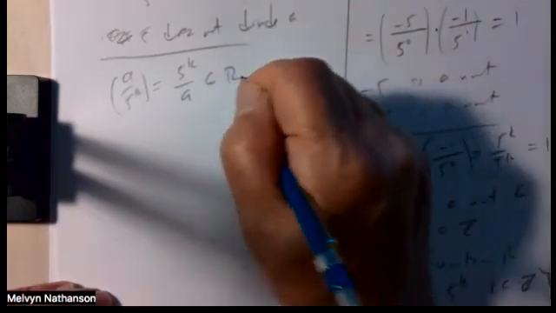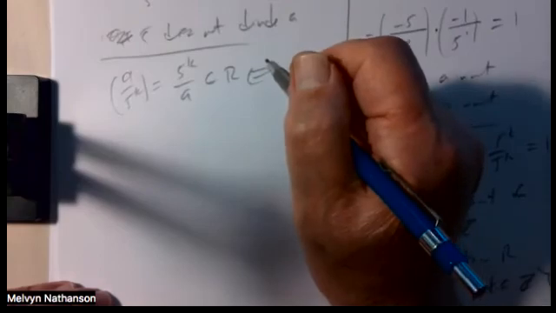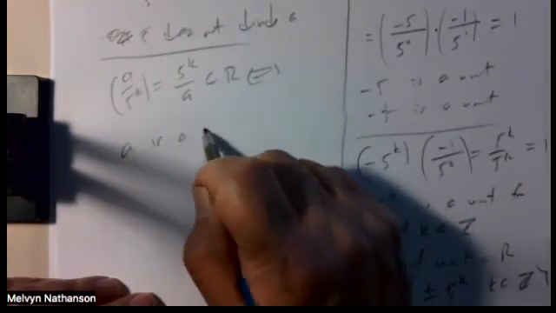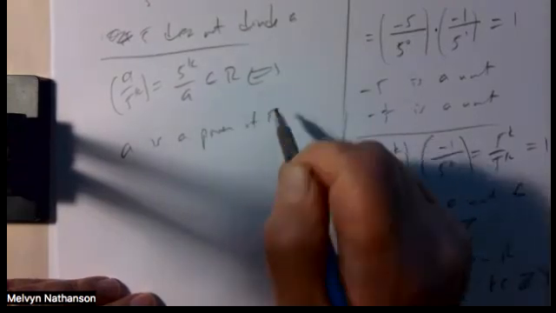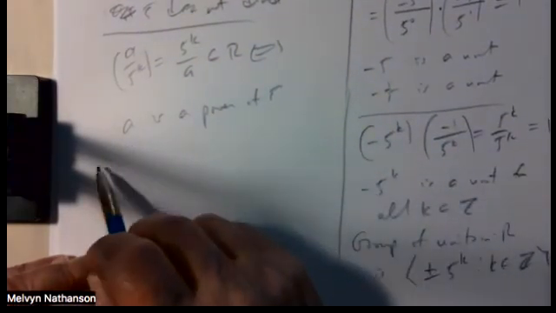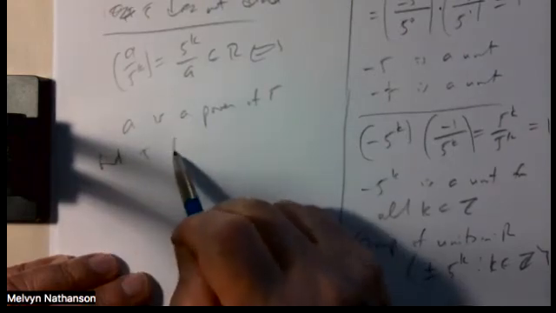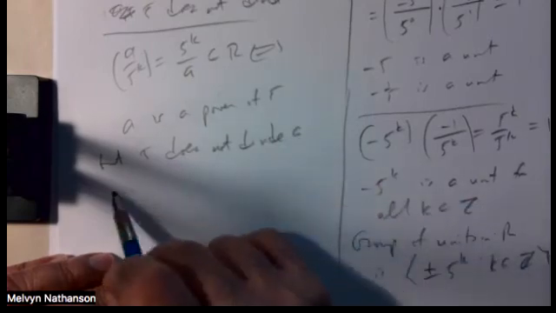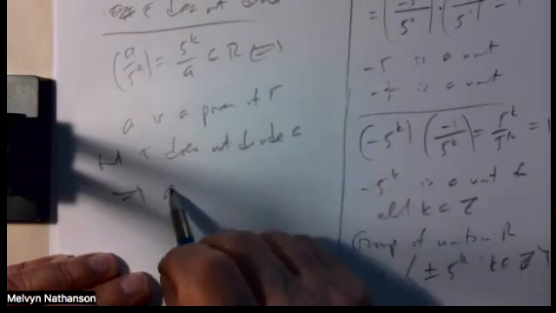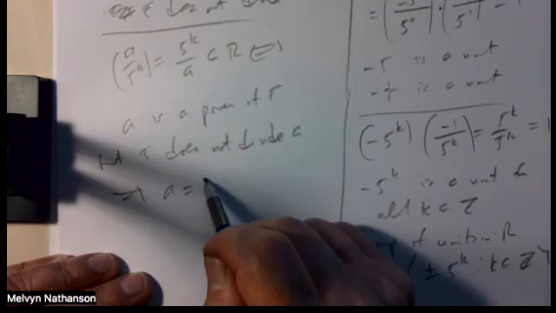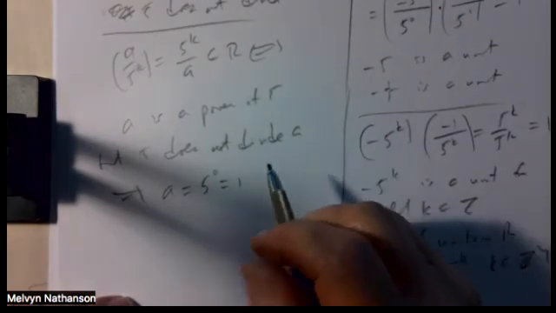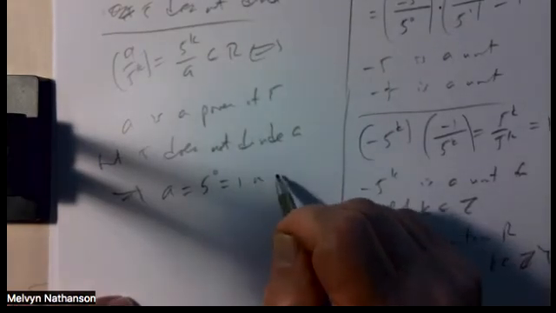And this is in R if and only if a, the denominator, is a power of 5. But 5 does not divide a. So a can only be 5 to the 0, or 1. Or minus 1.